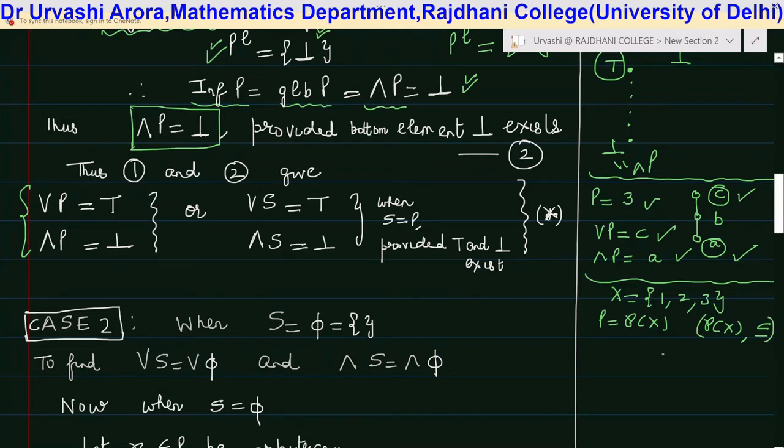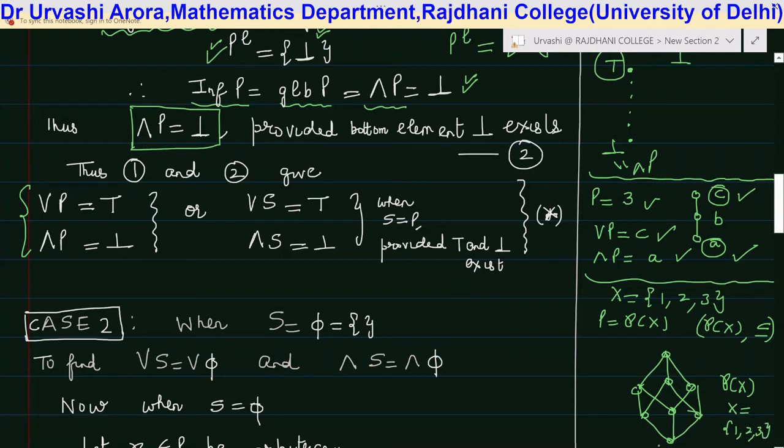And if you try to draw the Hasse diagram for the power set of X, we have already seen in detail how it looks. One of the ways of drawing the Hasse diagram is in the form of a cube. So this particular cube represents the Hasse diagram for the power set of X, where X is the set consisting of 3 elements, 1 2 3.